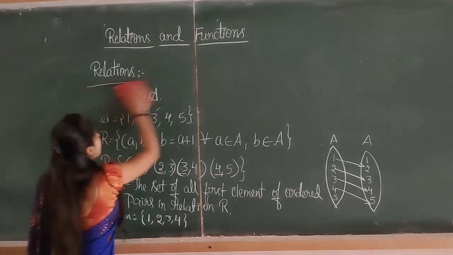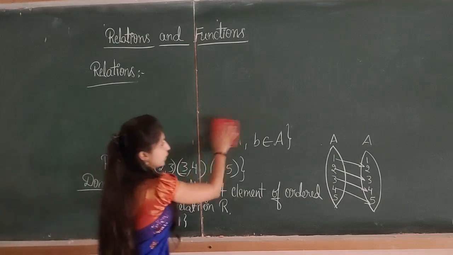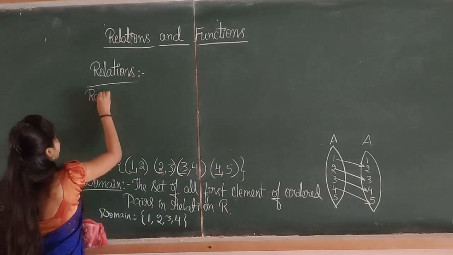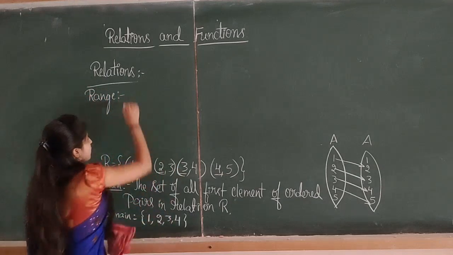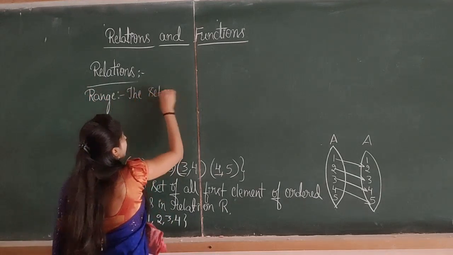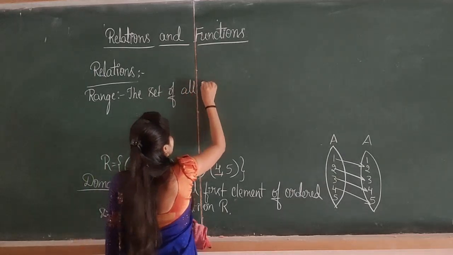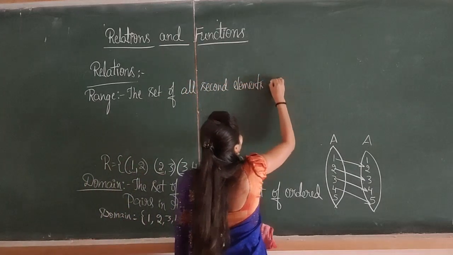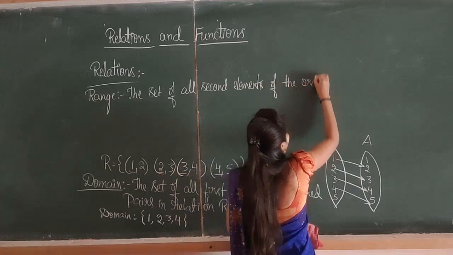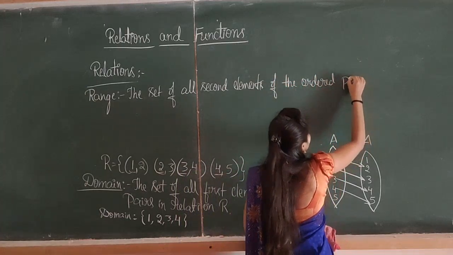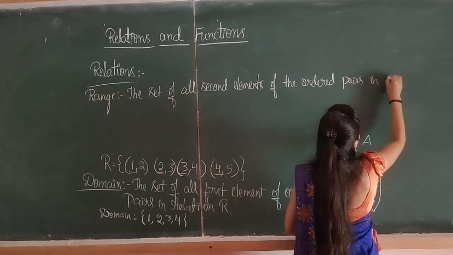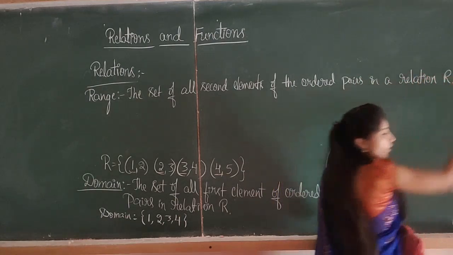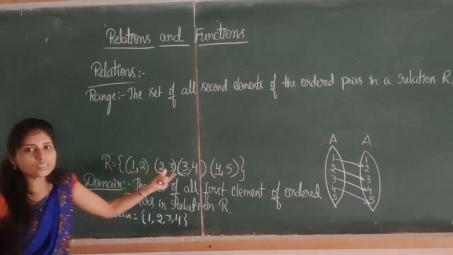The next one is range. Range means the set of all second elements of the ordered pairs in a relation R. First elements mean domain.